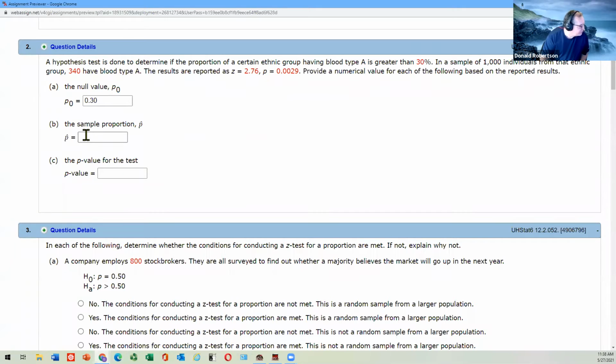The sample statistic in this case was 0.0029. And we should be getting a p-value out of that. So I'm going to have to write all this stuff down now. So here we go.